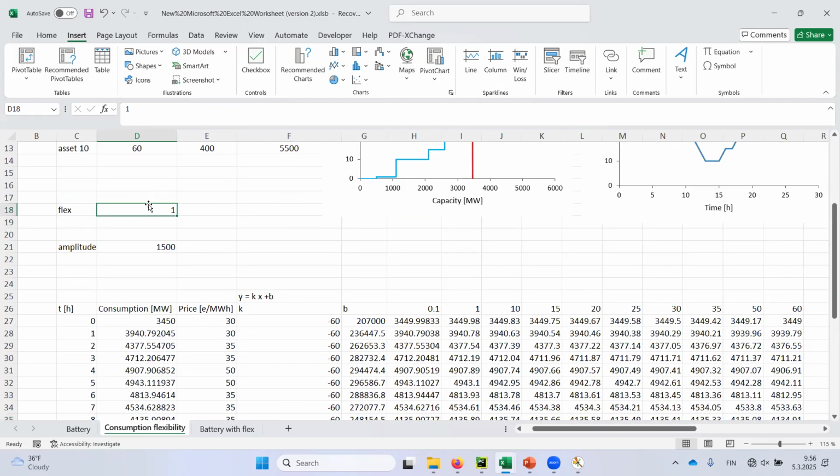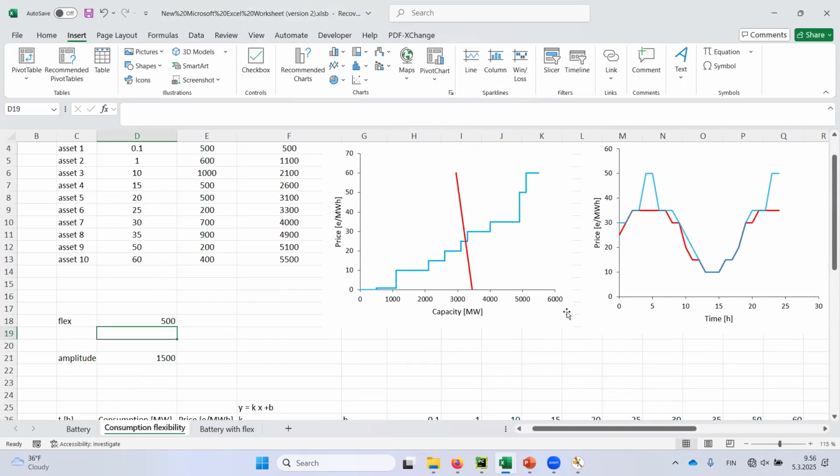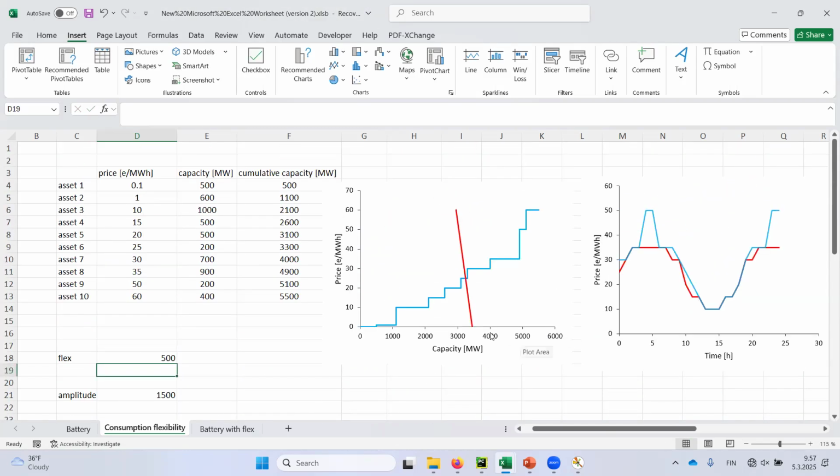But when we have more flex, so let's start flexing, what it means is that these consumers have the ability and they have the willingness. It has to be both. They have the ability and they have the willingness, or somebody is forcing them to do it.